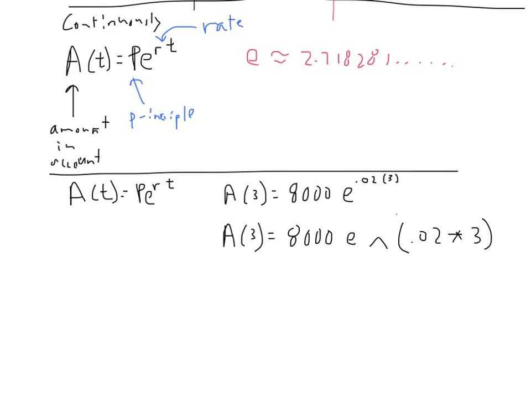That's how you'd enter it into your calculator. Like I said, we'll talk about where the E button is on your calculator. It turns out that if you calculate this, A of 3 is going to be $8,494.69.